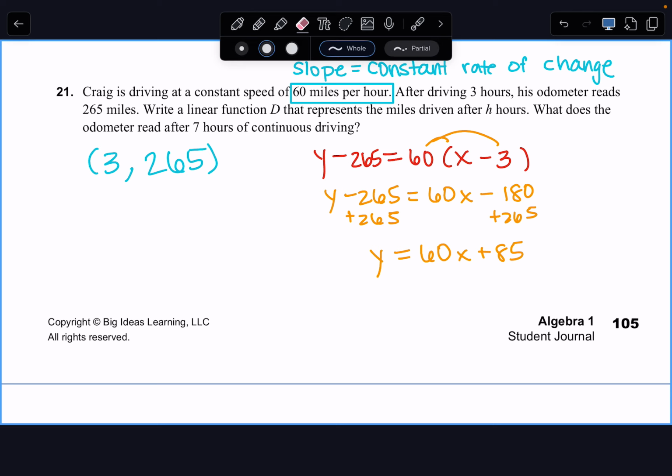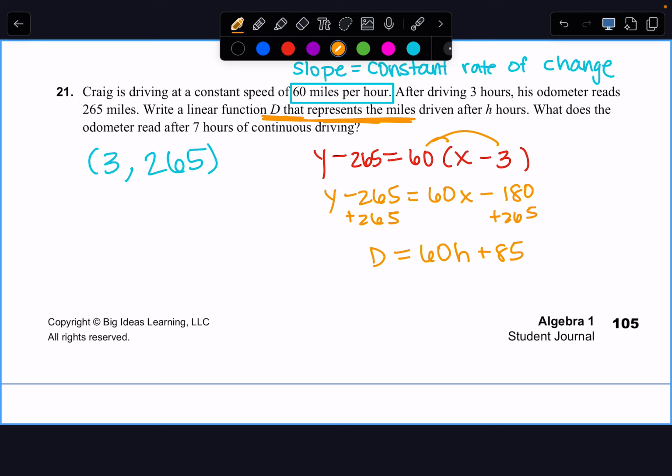Now as promised, we need to change y to d because d represents the miles driven after h hours. So I just changed y to d, x to h.